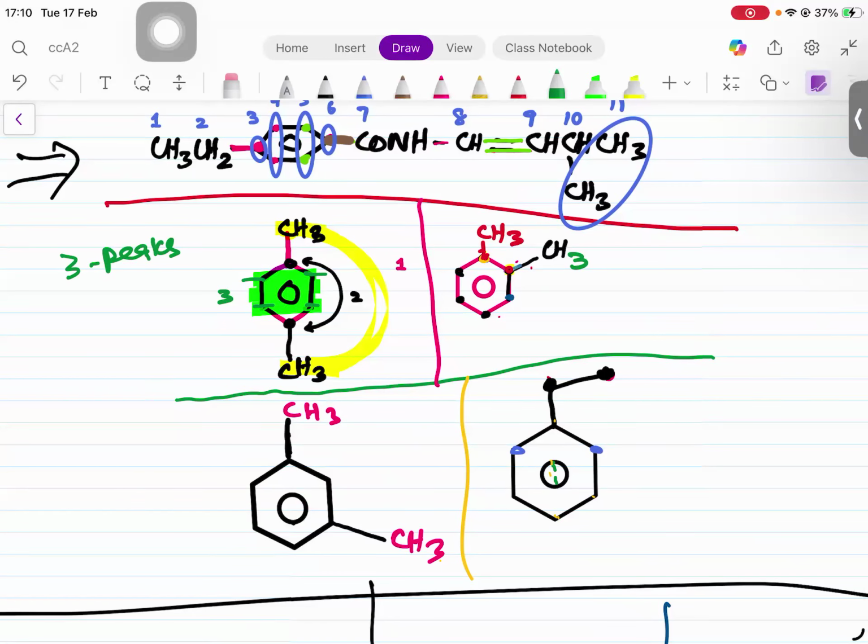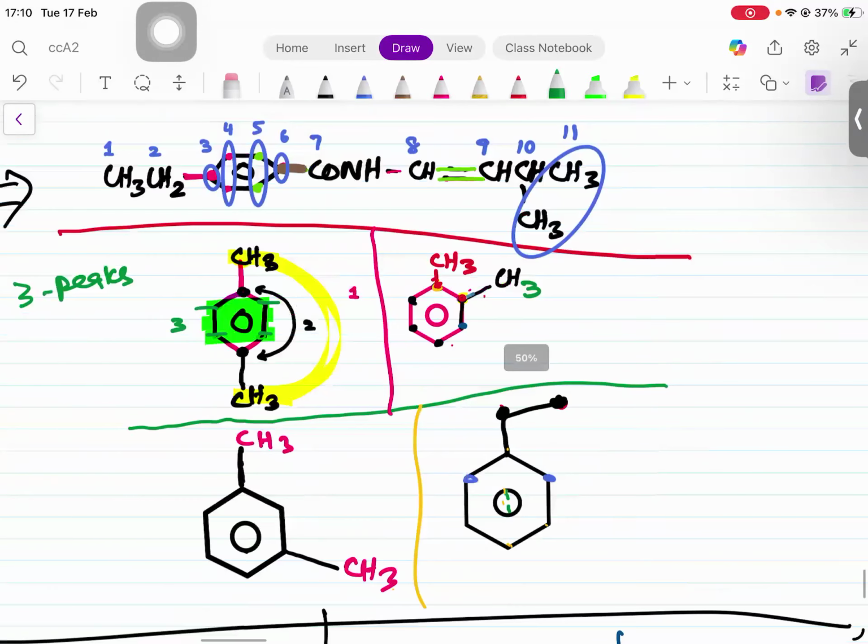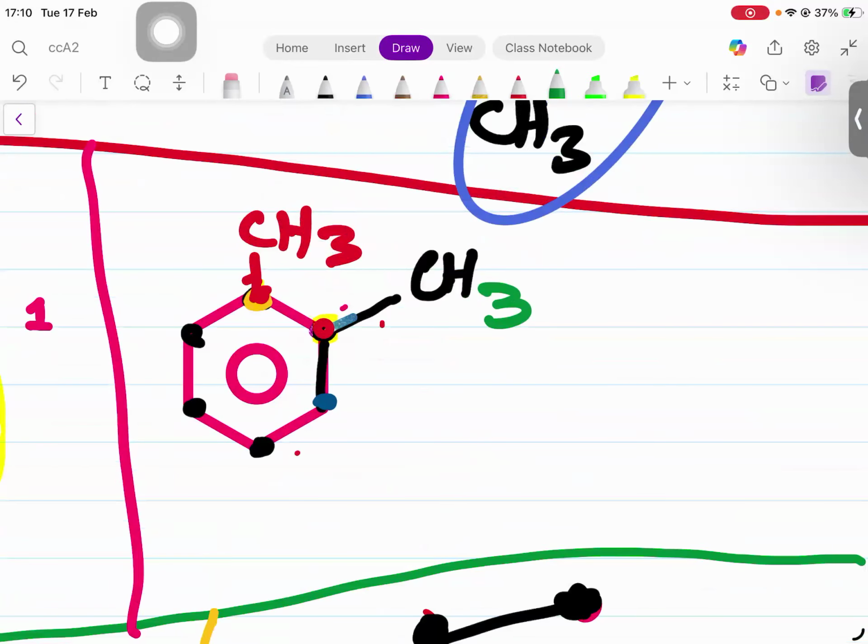Musa, can you tell me for this compound? Velma, how many for this compound? 1,2-dimethyl. One CH3, right?